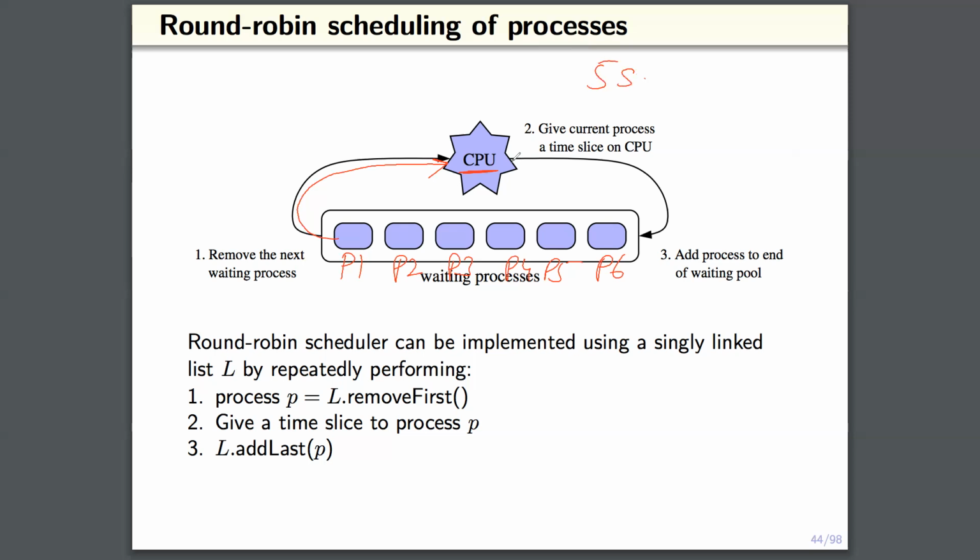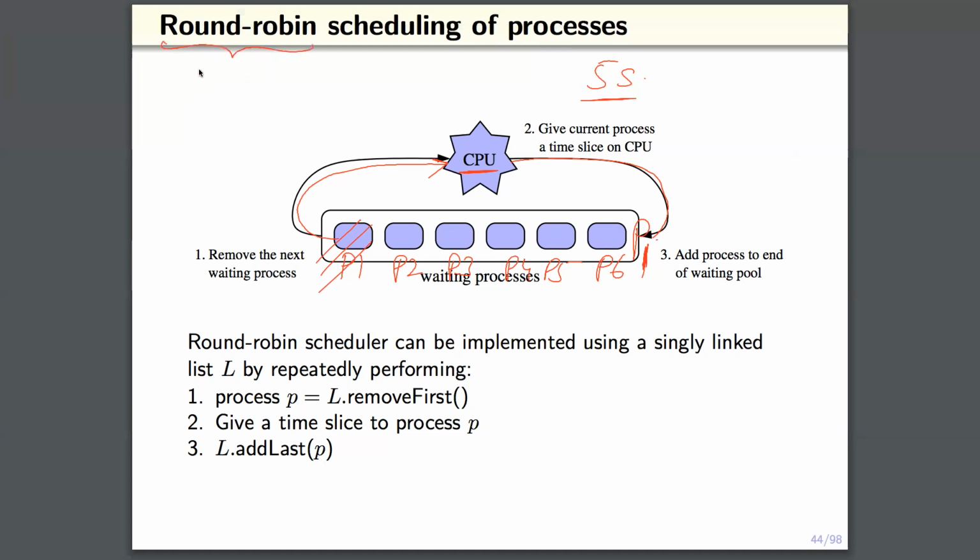After that, P1 is put back into this pool of processes, at the last. Next, P2 is in the line. P2 gets 5 seconds. That is processed, and P2 comes here at the end. And this process repeats. So what do you see here? This is called round robin scheduling.